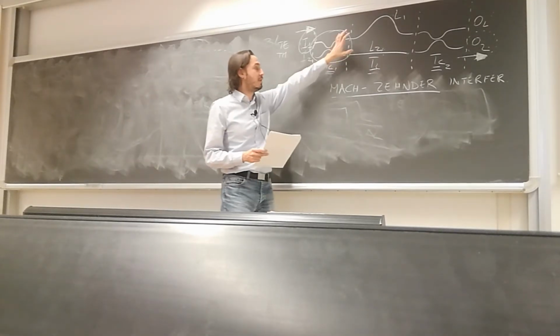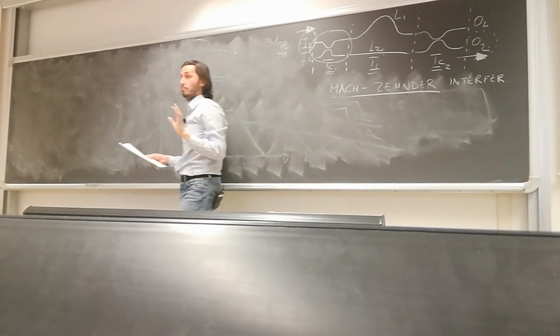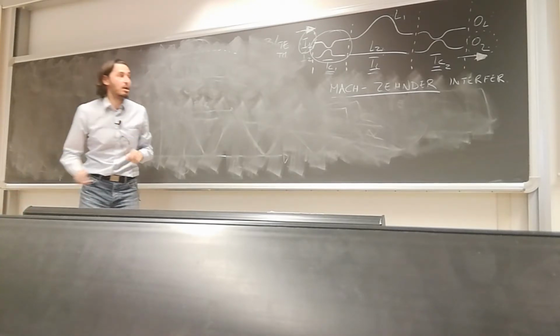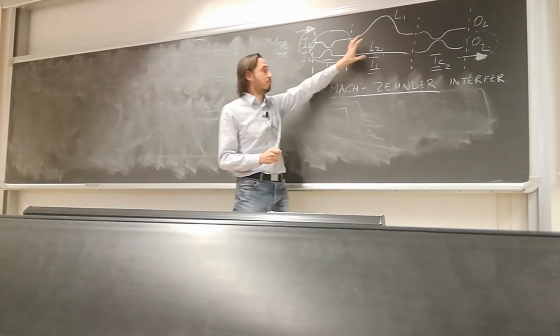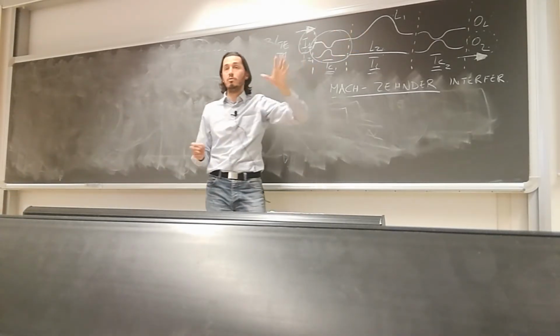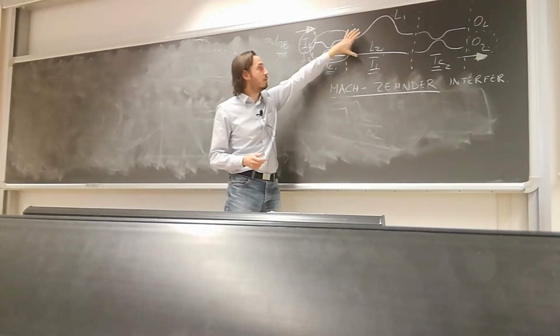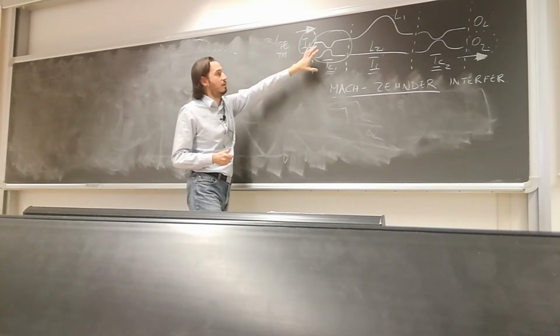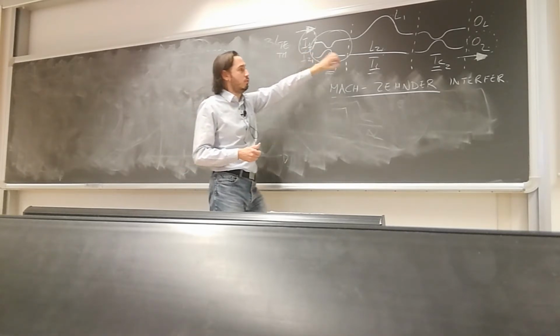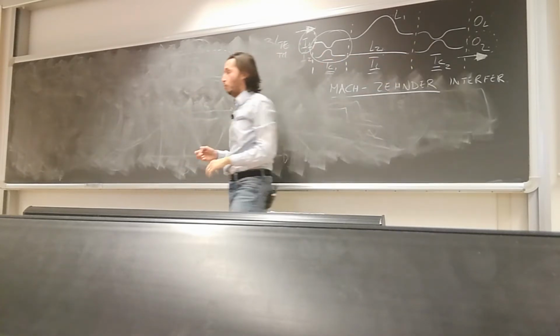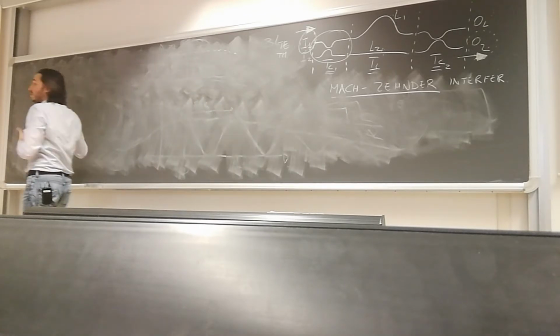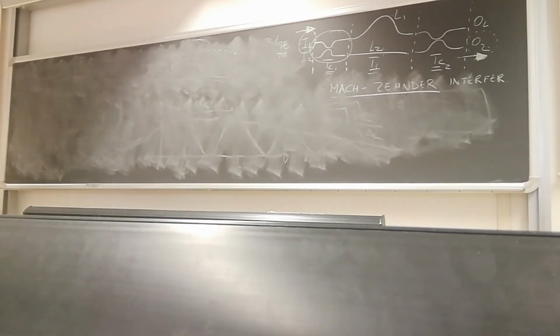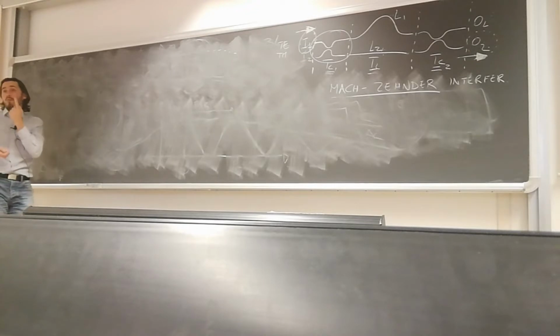So, a Mach-Zehnder interferometer, let's say by definition, is an interferometer where you have typically 2 arms, so 2 branches, and then you have a 2x2 splitter and a 2x2 combiner. But sometimes, for instance, in this case, we only inject the light from one port.